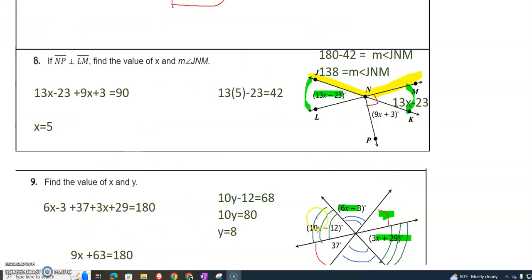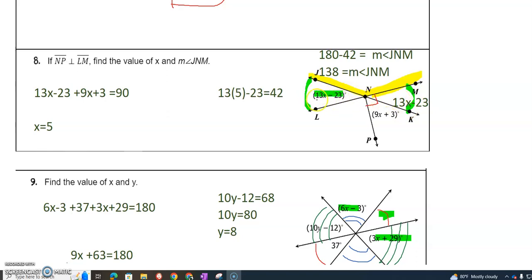Question 8 also had a lot of given information in it. We can see that this angle was marked with the expression 3x minus 23, and this angle was marked as 9x plus 3. Now, I marked these two angles as congruent because they are vertical to each other.